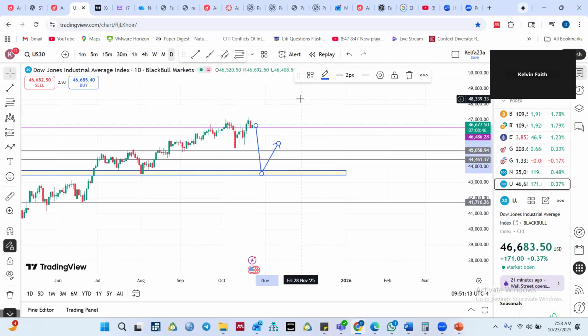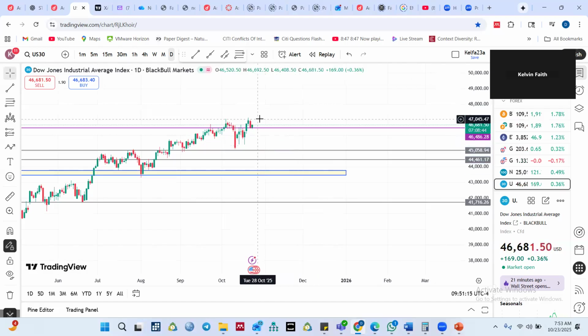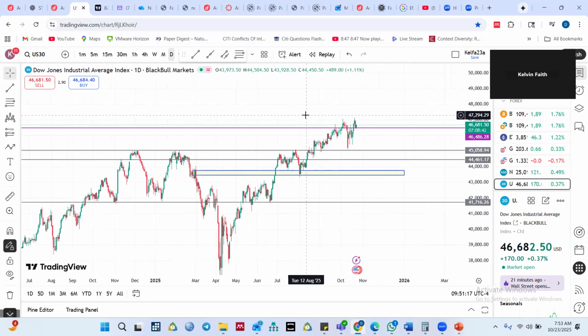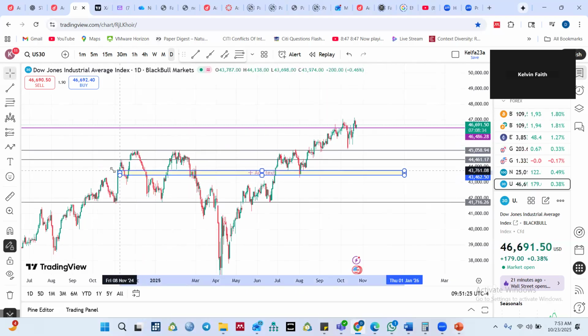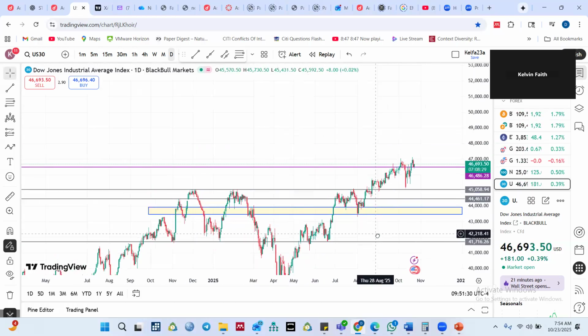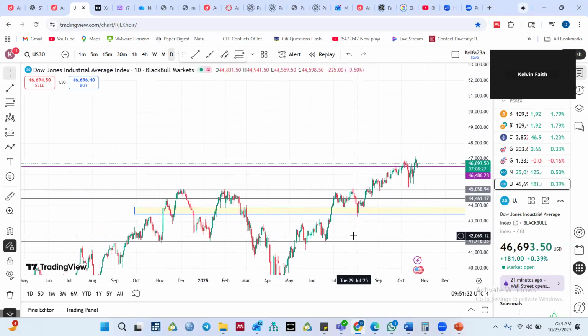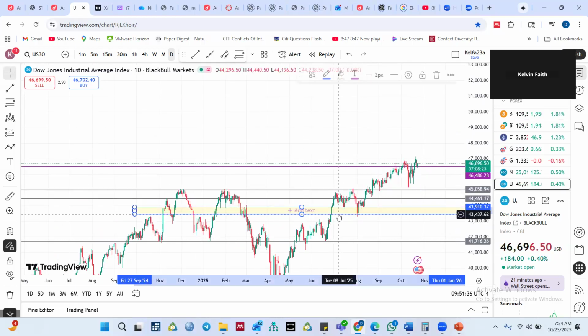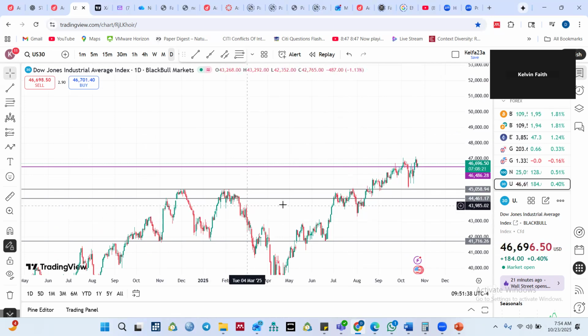So these are the two ideas or options that we should expect. This is the most immediate resistance-turned-support point for me, because that is what I'll be looking for to frame my PSR, my precision support resistance.